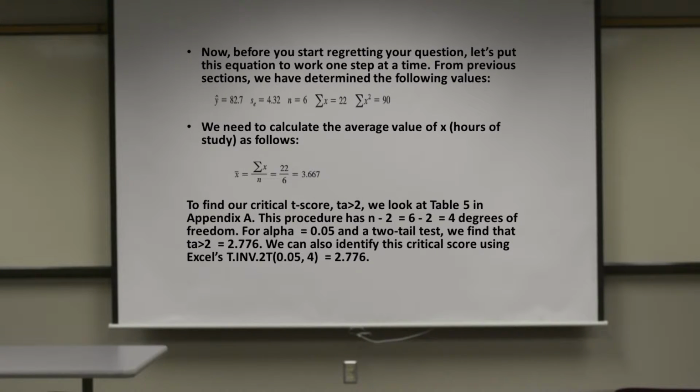For alpha equal to 0.05 and a two-tailed test, we find that t alpha divided by 2 is equal to 2.776. We can also identify this critical score using Excel: T.INV.2T inside the parentheses 0.05, 4 equals 2.776.